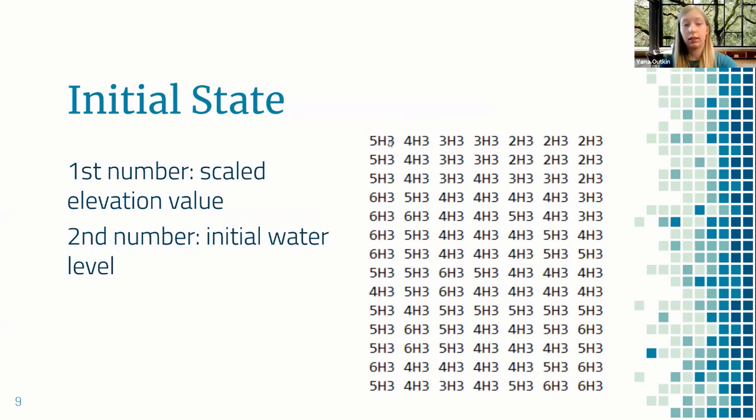So the state of each cell on the hexagonal grid is the combination of the height and water level, and not 2 separate grids, because the simulator can only read in one grid. I was not able to separate the two because that's just part of the simulator. And in this case, the initial rainfall is 3 inches, the second number, across the region.